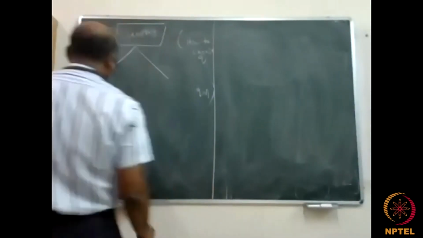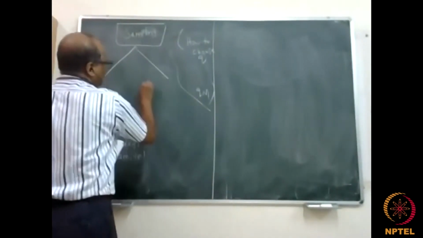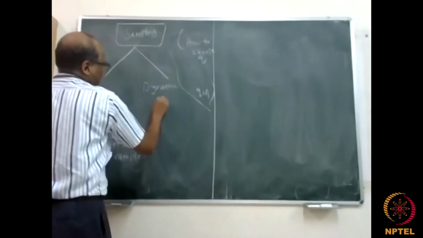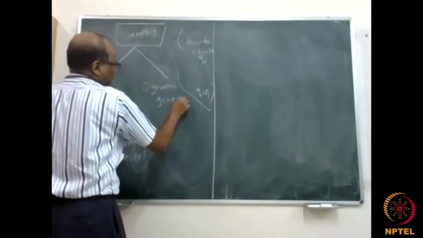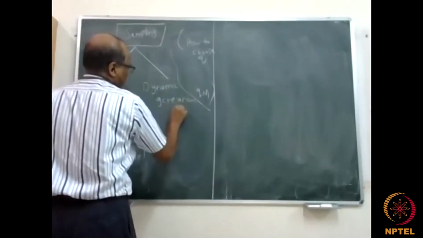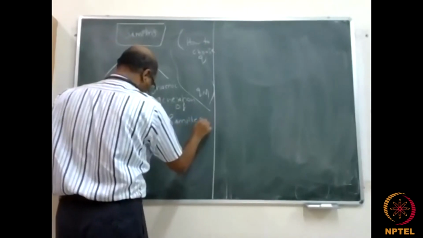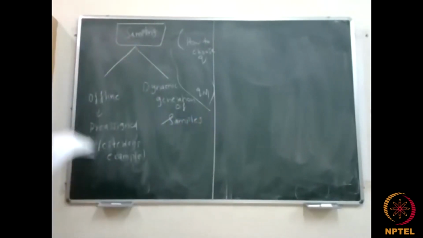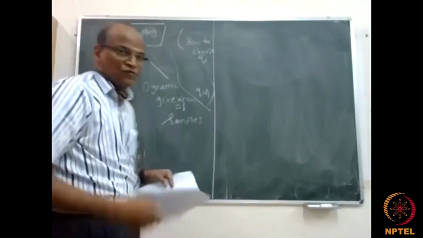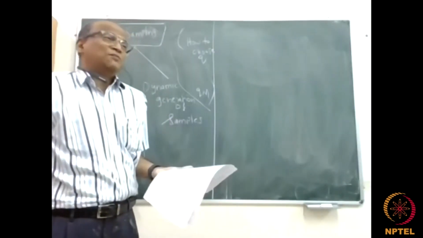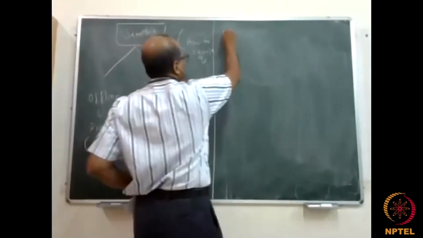Now there is yet another method where you just do a dynamic generation of samples. Under this dynamic generation of samples, you have to know what are the methods available to do this. The first is a Markov chain.